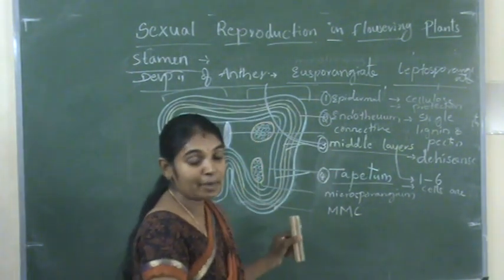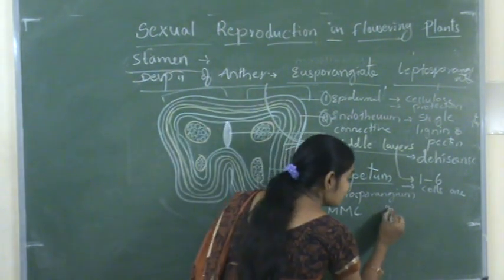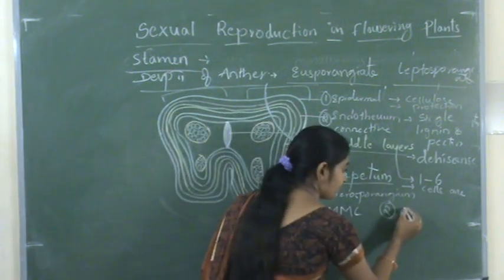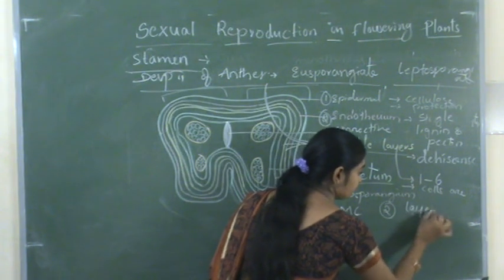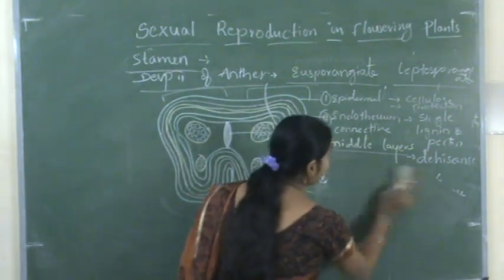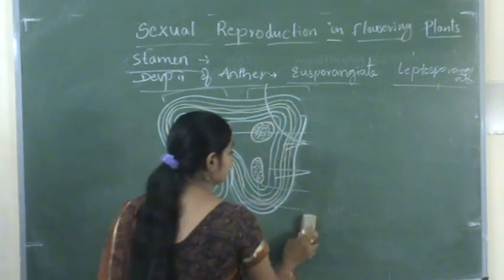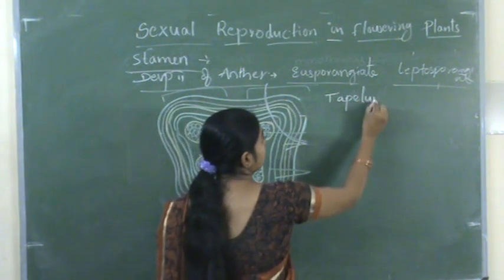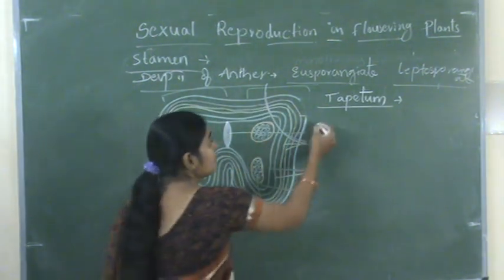the tapetum. Tapetum is the innermost layer and it consists of two different types of layers. So what are the two layers of the tapetum?